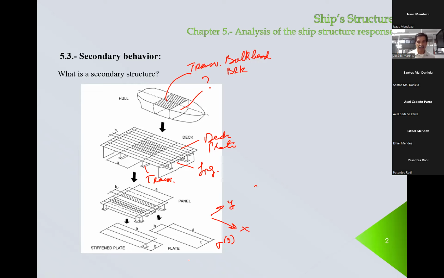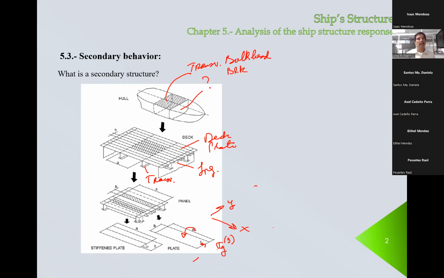So that means that in the Y direction, we're going to have larger bending moment than in the other direction. That means that in the Y direction, tertiary stresses will be important.